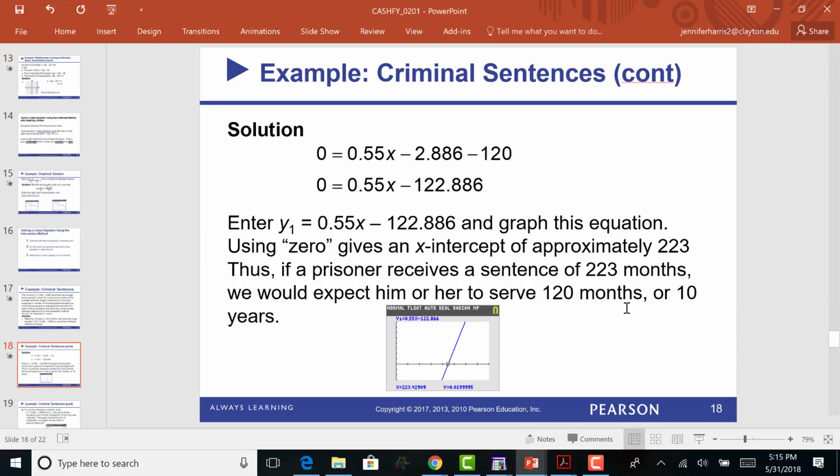Yes. Do they actually serve time? Yes. Do they get sentenced a certain amount of time? Yes. So all we did was take that data and put it into a tool and create an equation from it. And boom, here we are. So now if you know somebody that gets sentenced to something, you can do the math and tell them, well, you probably only gonna serve 5, or you probably only gonna serve 2.